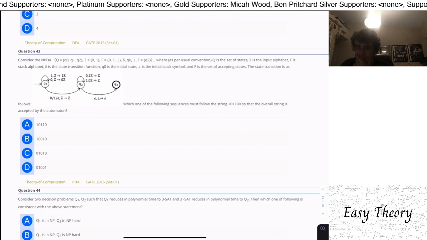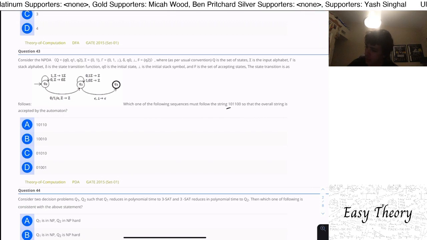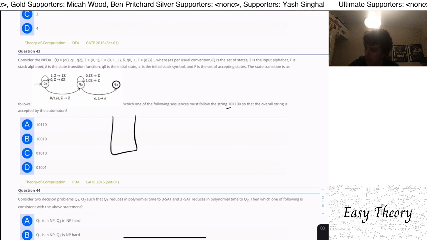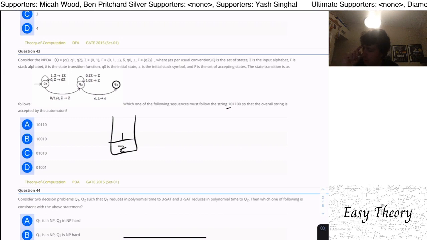So let's see. We see a 1 at the beginning, so we must push a 1 onto the stack. So we have Z and then 1.